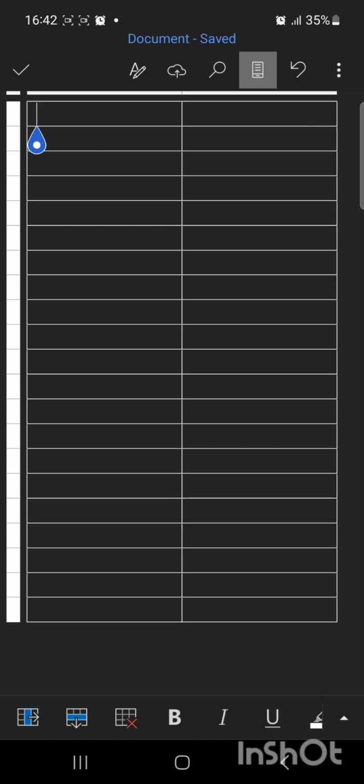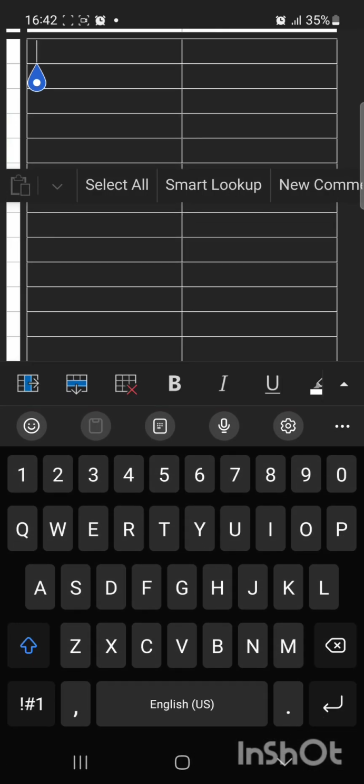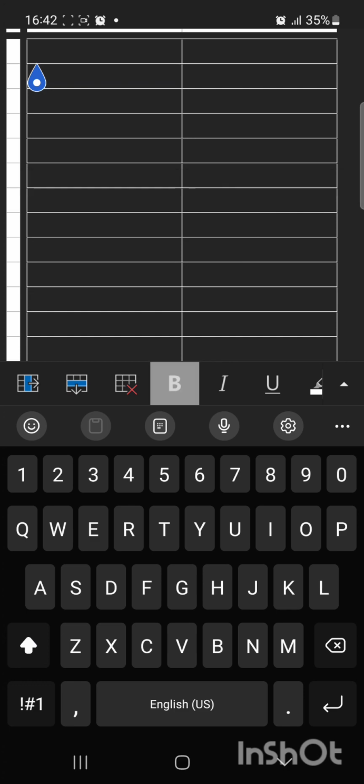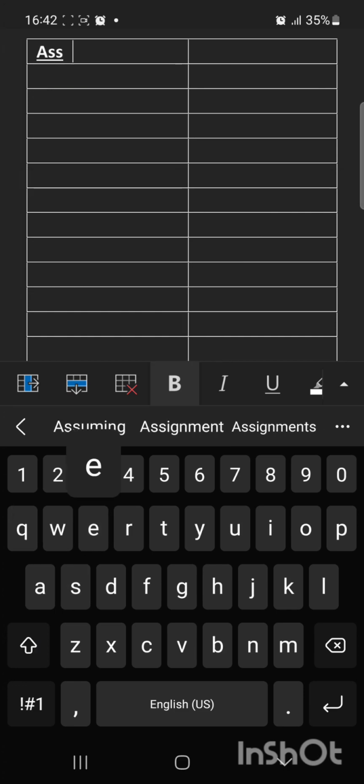So before we go through an activity, let me quickly type in the structure of your balance sheet. So you are going to have your assets.